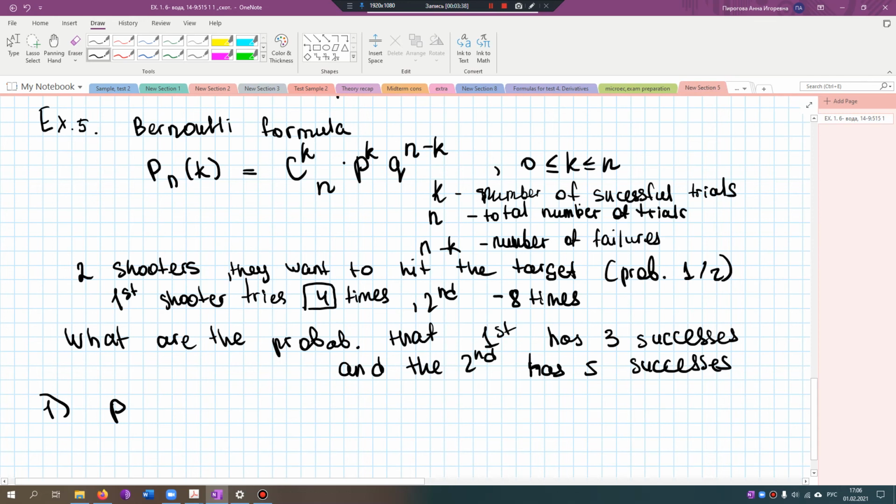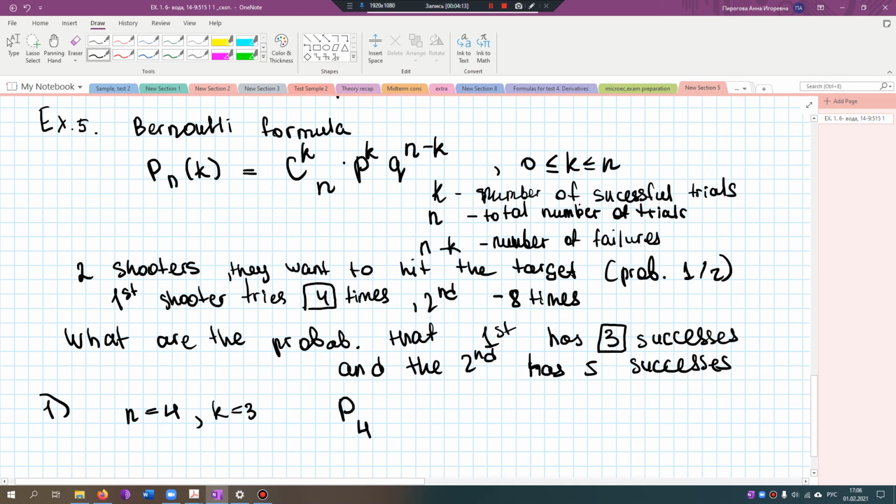This means that n is equal to 4 and k is equal to 3, because we need to find the probability that he has 3 successes. In this case, we can use the Bernoulli formula.